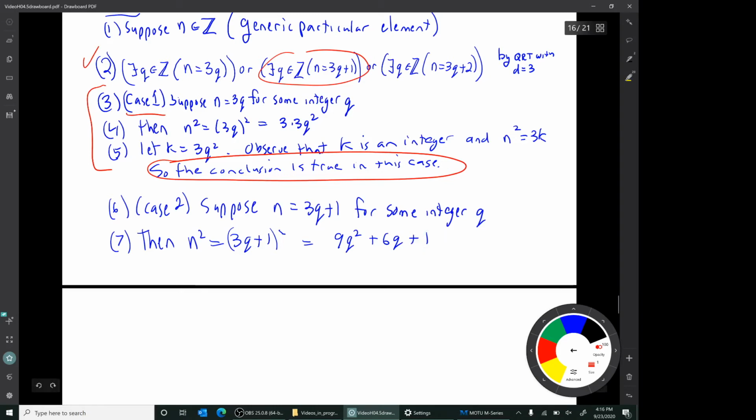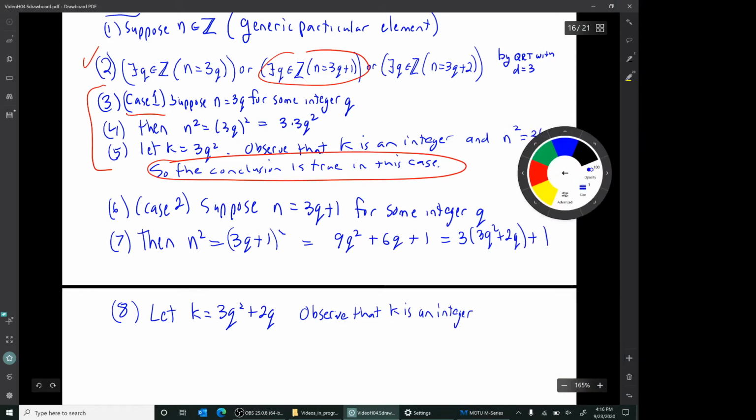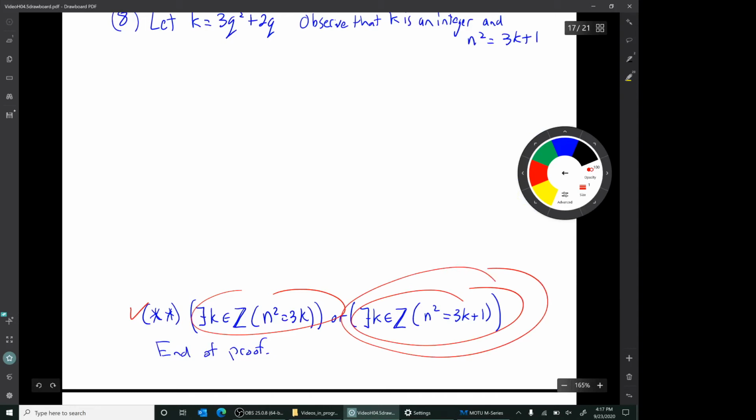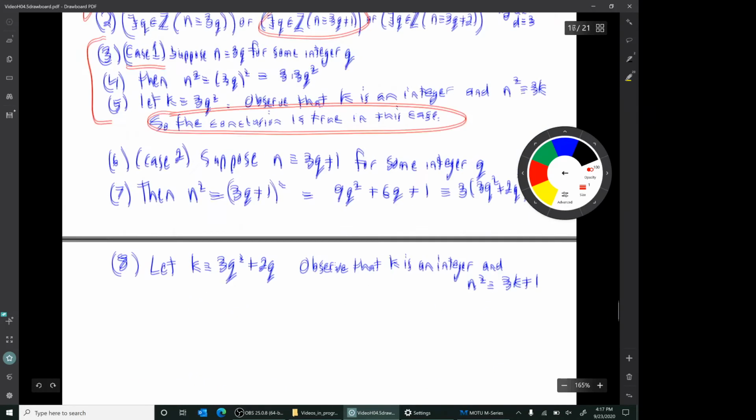So let's go for that. So in other words, we've got to rewrite this stuff so it looks like a 3k. So now we have to introduce our k. So we've introduced our k, and we've noticed that n squared has the form 3k plus 1. So that means that the conclusion was either this is true or that's true. Well, this is one that turned out to be true, so our conclusion is true.